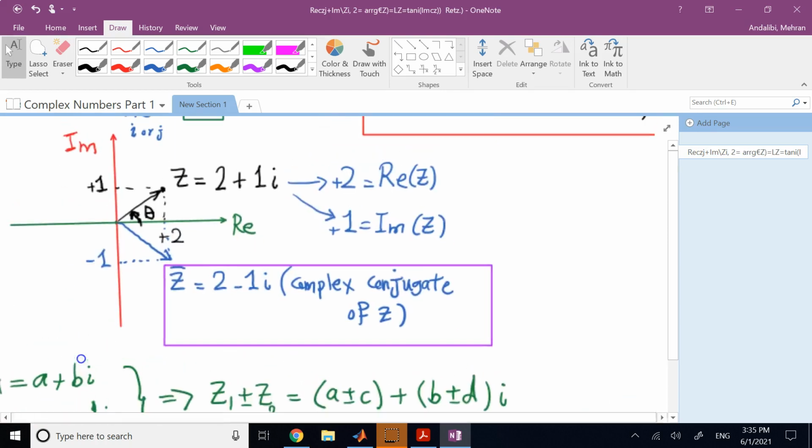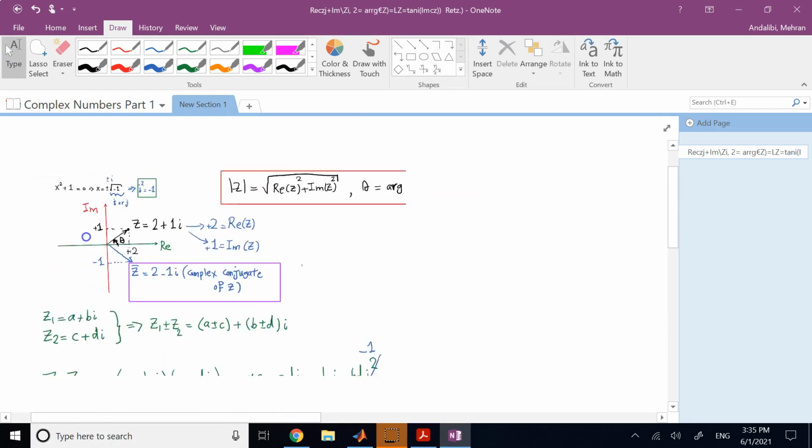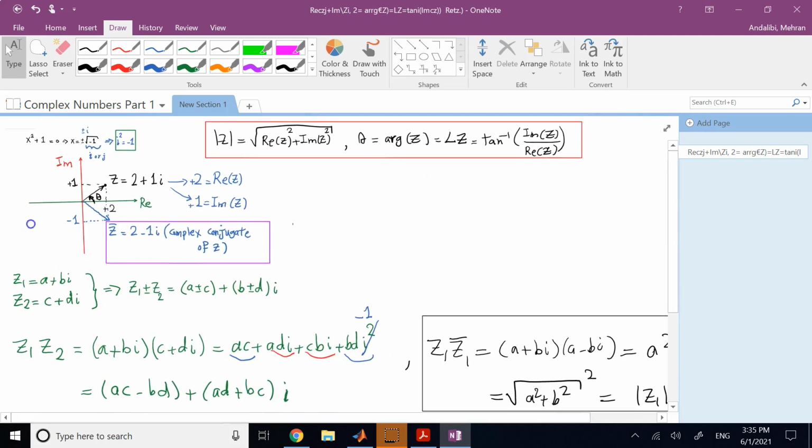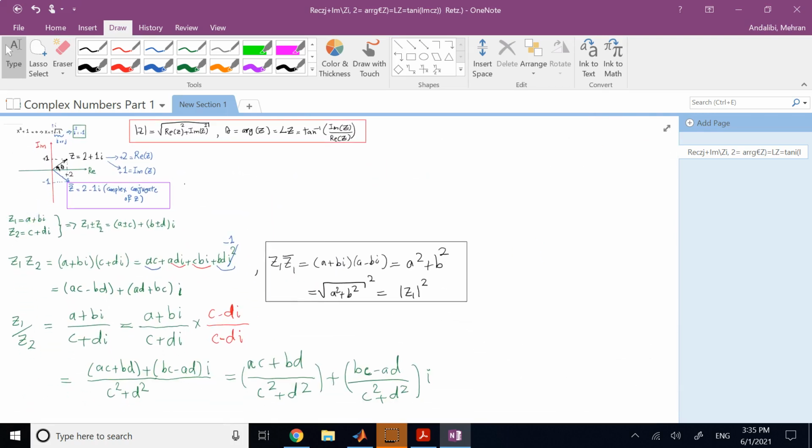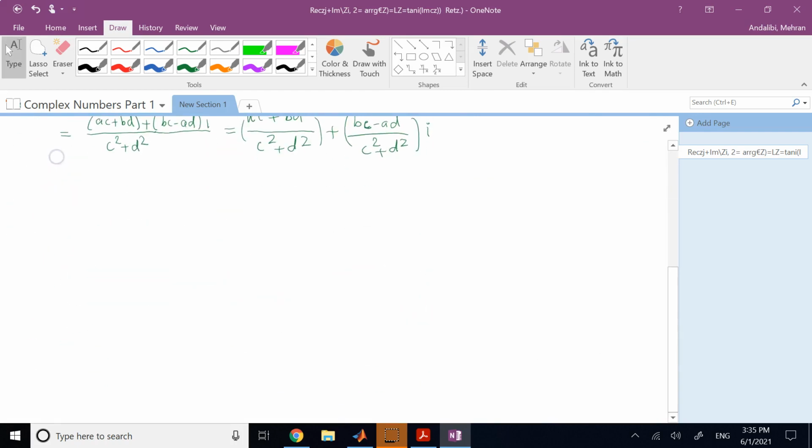So what can we do to take it to the next level? Let me first see if I can expand this a little bit. That's good. Okay, so this is the basic arithmetic of complex numbers. The basic definitions, basic arithmetic.